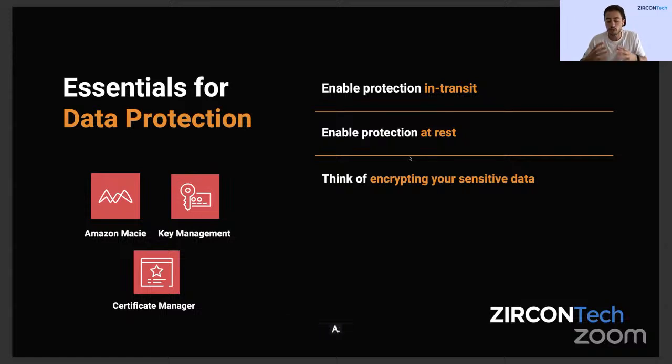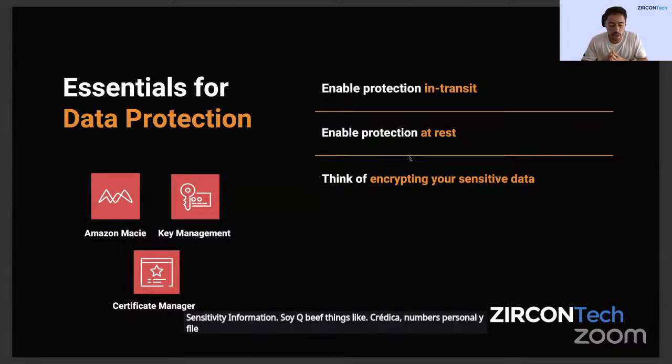But if we talk about S3, then we should consider using a service like Amazon Macie. So Macie essentially allows us to scan S3 buckets for identifying sensitive information. So it could be things like credit card numbers, personally identifiable information that we shouldn't be storing there, right?